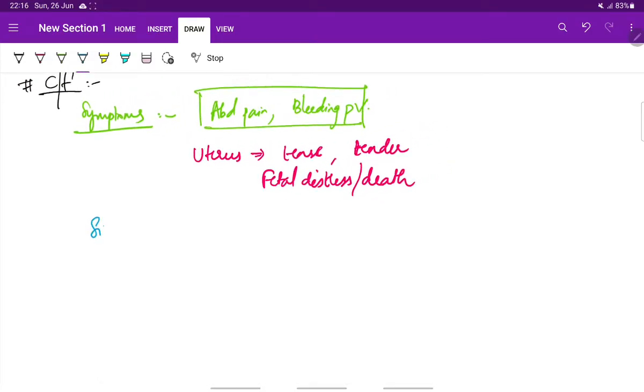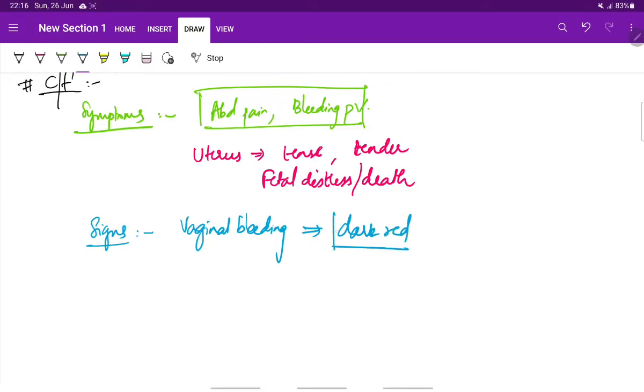So these are the symptoms. Coming to the signs of abruptio placentae: vaginal bleeding. This vaginal bleeding appears dark red in color, whereas in placenta previa it was bright red, fresh blood.